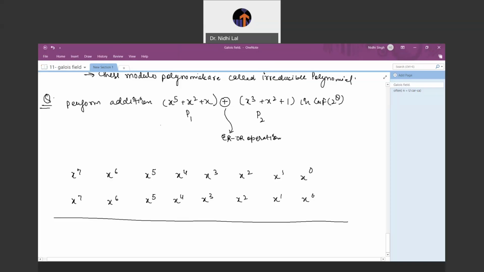Now select those that are present in the polynomials P1 and P2 and give the corresponding coefficient. So what are the terms present in P1? That is x to the power 5, so 1 will be associated with x to the power 5, 1 for x squared, and 1 for x. And what about P2? x cubed is present, so 1 over there. x squared is present and 1 is present, so 1 over there. Now the remaining ones will be associated with coefficient 0.